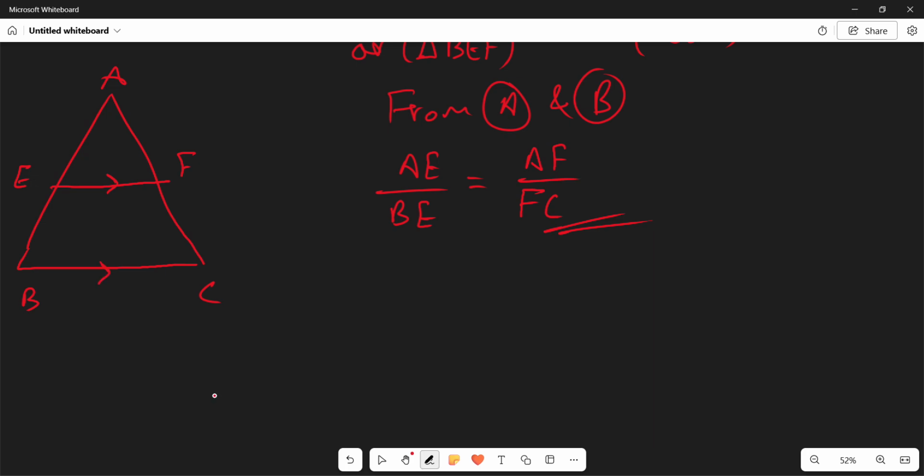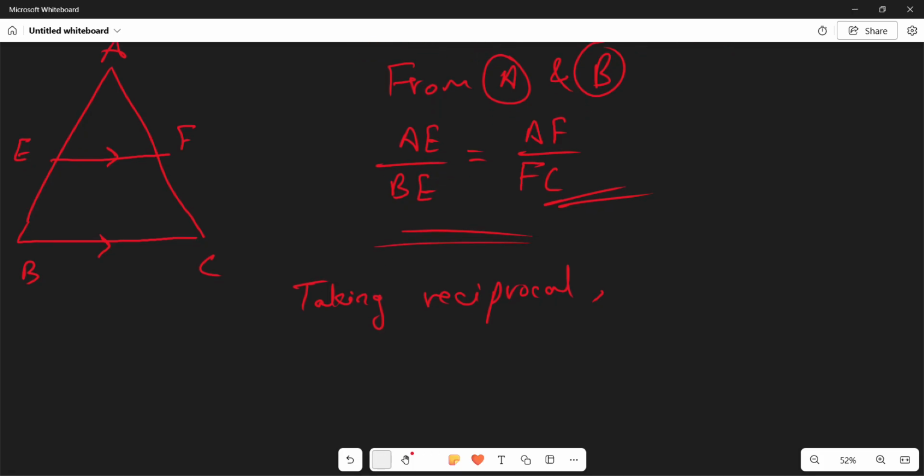Let me show you how. Okay, now it's done, but now taking reciprocal. When I take the reciprocal, what will I get? I'll get BE upon AE equals FC upon AF.